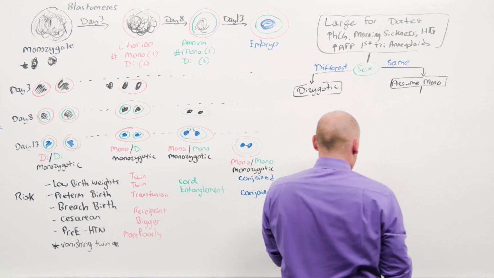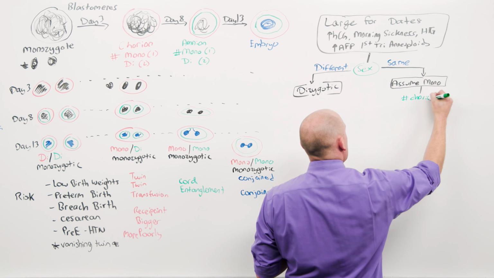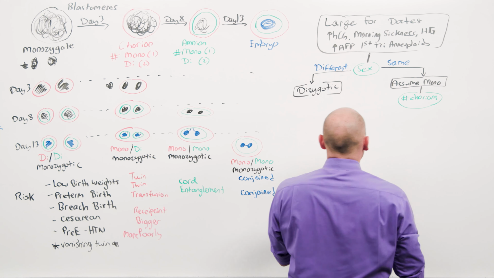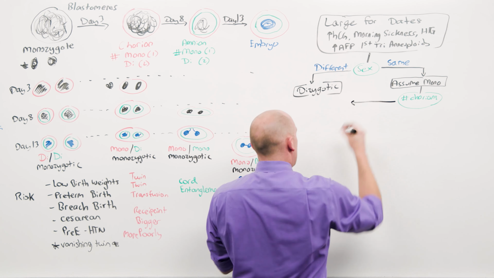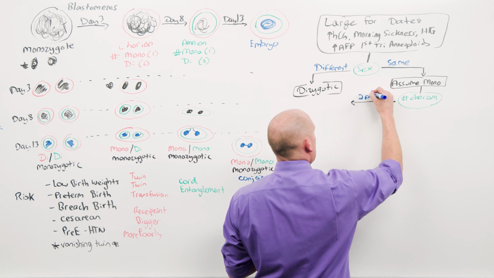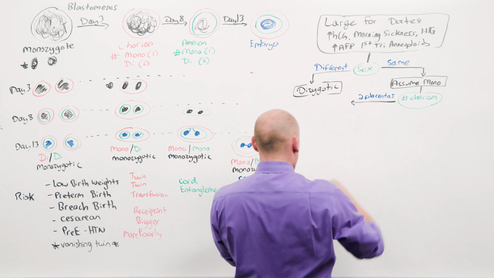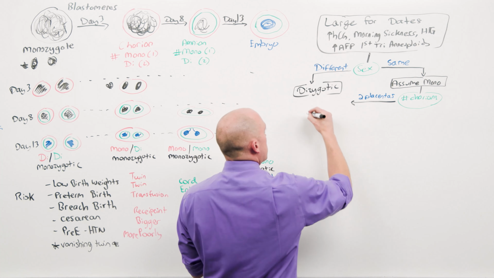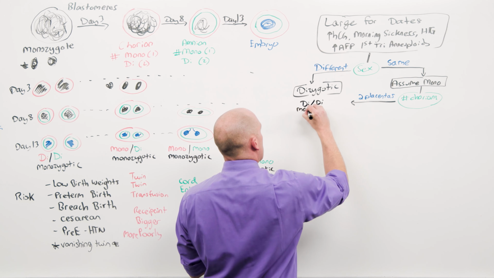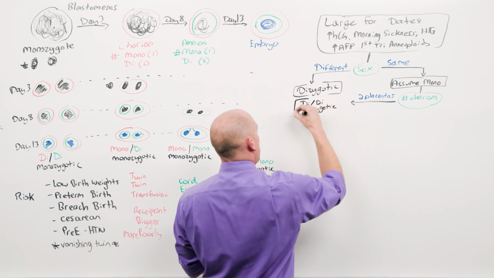And the next thing you look at is the number of chorions. How many placentas are there? If there are 2, and the sex is the same, you can't tell if it's a di-di monozygotic or a dizygotic.